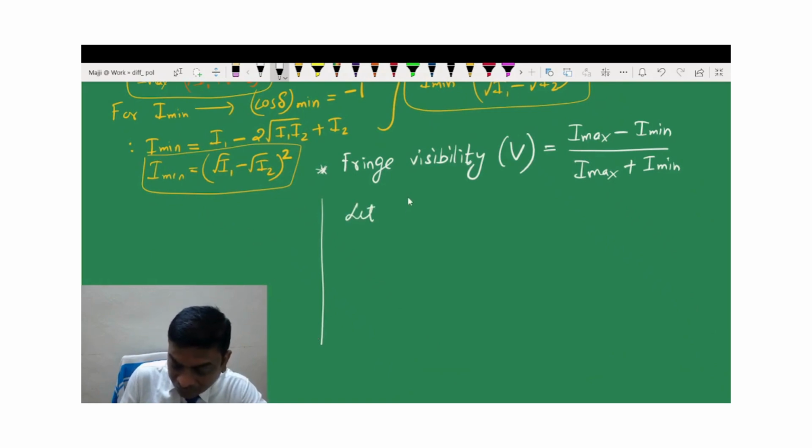Now, if the ratio of intensities is, let us say, beta, then we can calculate I max minus I min upon I max plus I min. How?